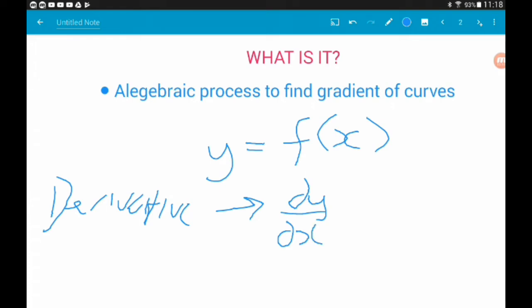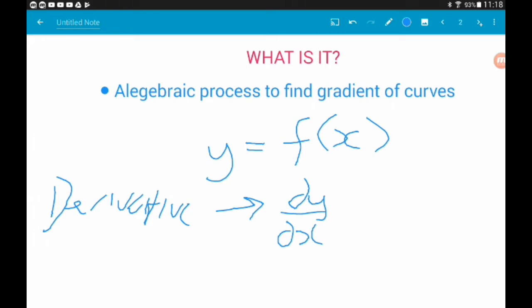Now, if this looks familiar at all, you may have watched some of my straight line equation videos, maybe on gradient, where I recommended you think of gradient as the difference in y divided by the difference in x. It's exactly the same here.